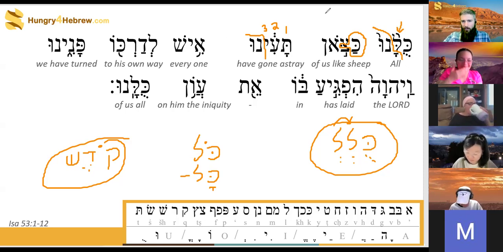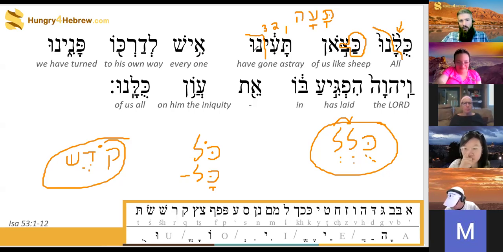If we had to look this up in a dictionary, we would look under ta'ah, where the yod is missing, but there's a vowel hey at the end. Ta'ah: he erred, or he went astray. Ta'inu, we went astray. Ish ledarko, a man to his dark.